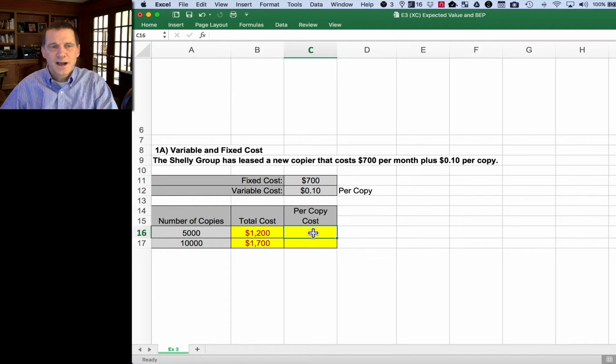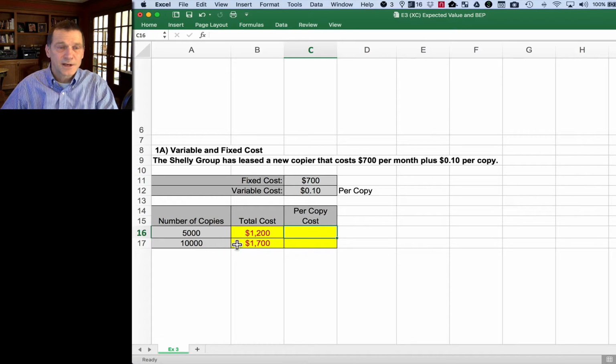The cost per copy you find by dividing your total cost over the volume. All right, so in the sense of 5,000 copies, we have a total cost for that month of $1,200 when we add the fixed and variable cost together, considering the volume.